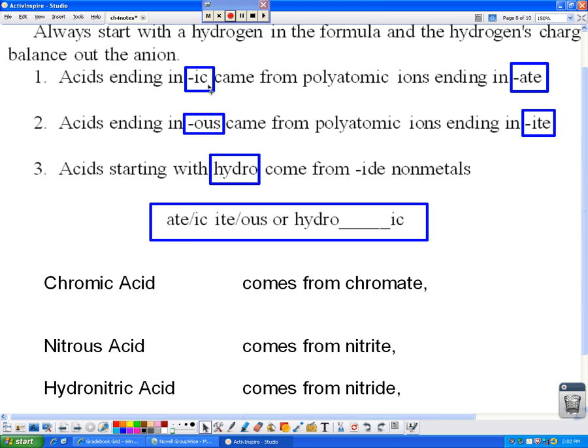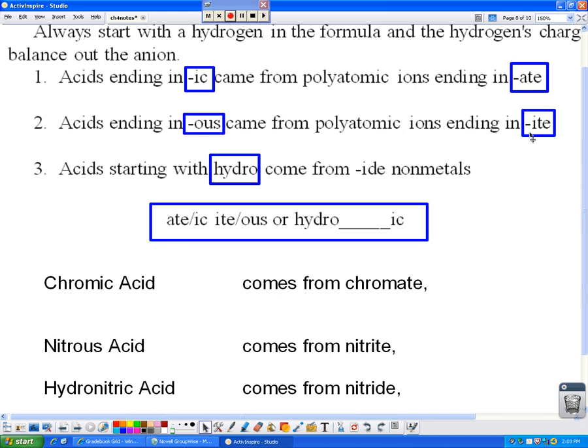And nitric is really nitrate with the hydrogen. So each of those would be paired up with hydrogen. If it ends in ous, then it's really an ite. So if it was nitrous acid, that's really nitrite with hydrogen. Or if it's chlorous acid, it's really chlorite with hydrogen.